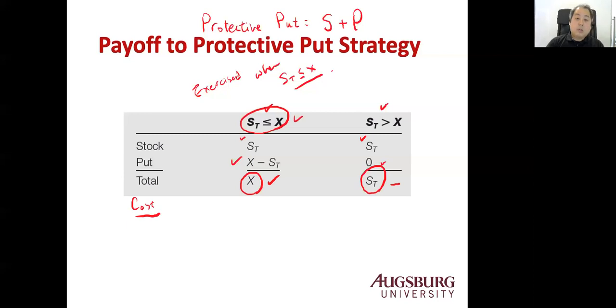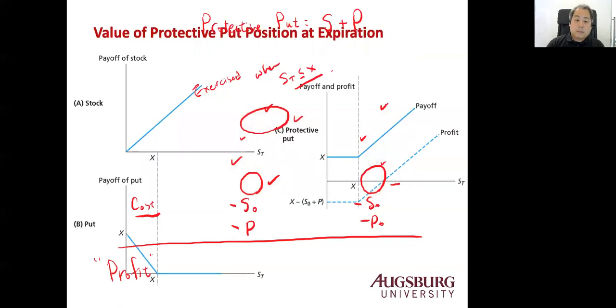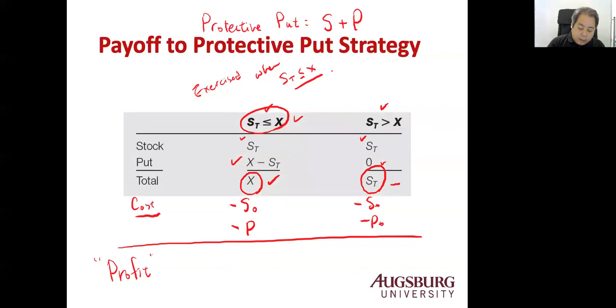If you calculate the cost, you have to buy the stock and the put option, right? So the profit in this case is X minus S0 plus the put premium, and in this case, ST minus S0 plus the put premium.